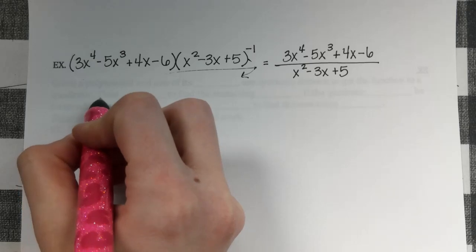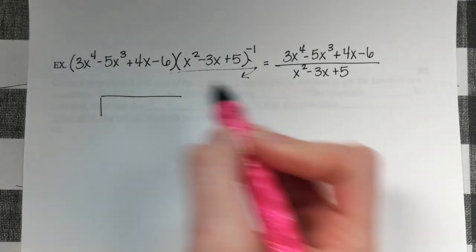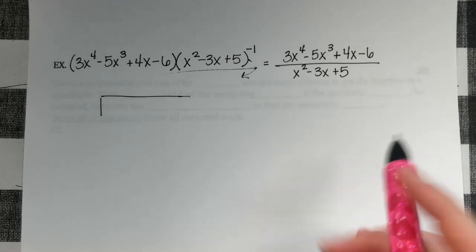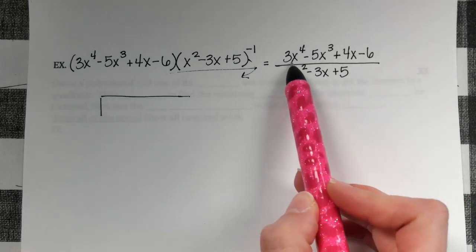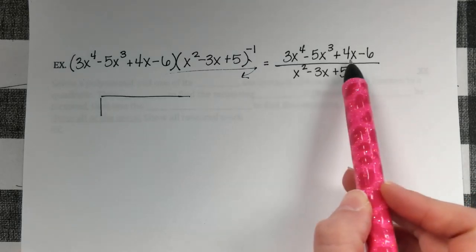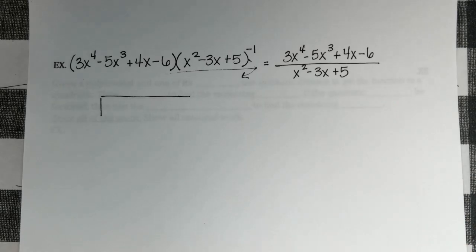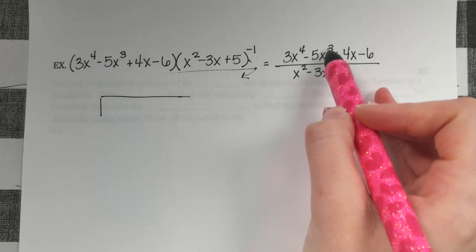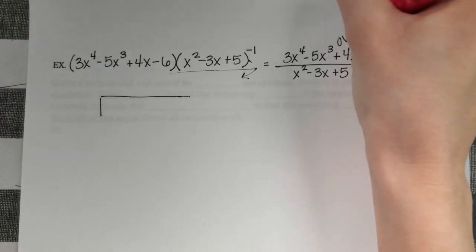So we're still going to set it up. When I set it up, I'm going to check, is it in standard form, and do I have all my terms? Okay, if I look at my dividend, 3x to the 4th minus 5x cubed plus 4x minus 6, is there anything I need to do with that? Do I have all my terms there? No, I do not. I have x to the 4th, x cubed, but I'm missing an x squared.